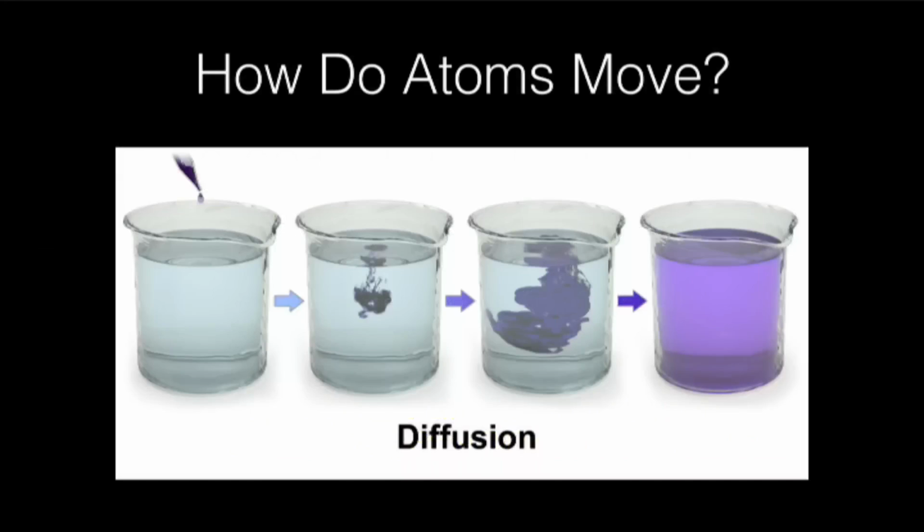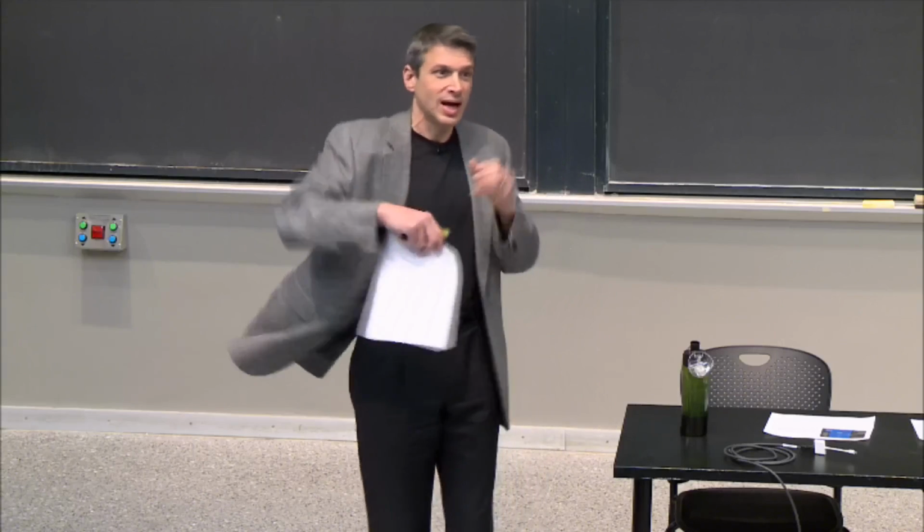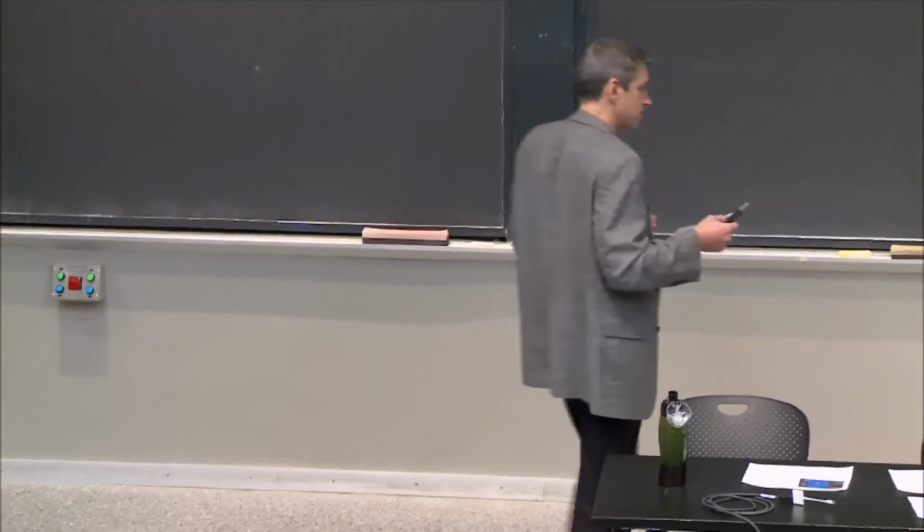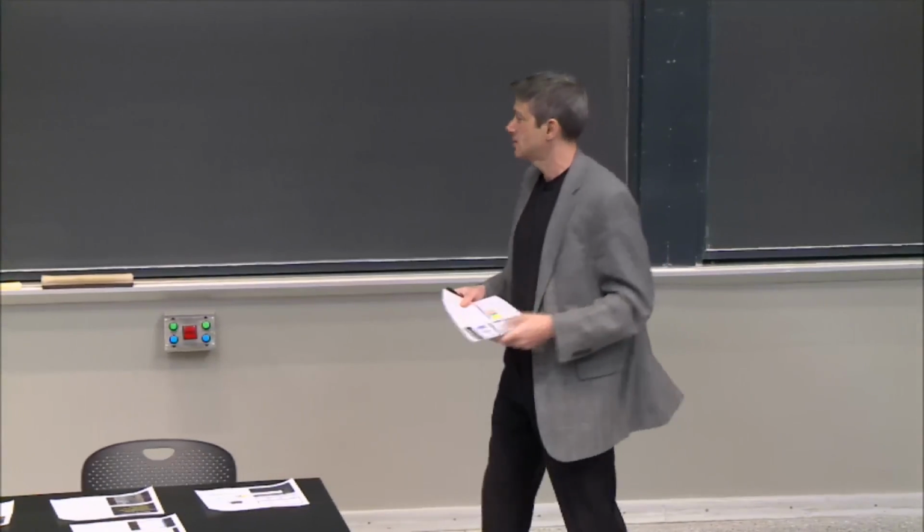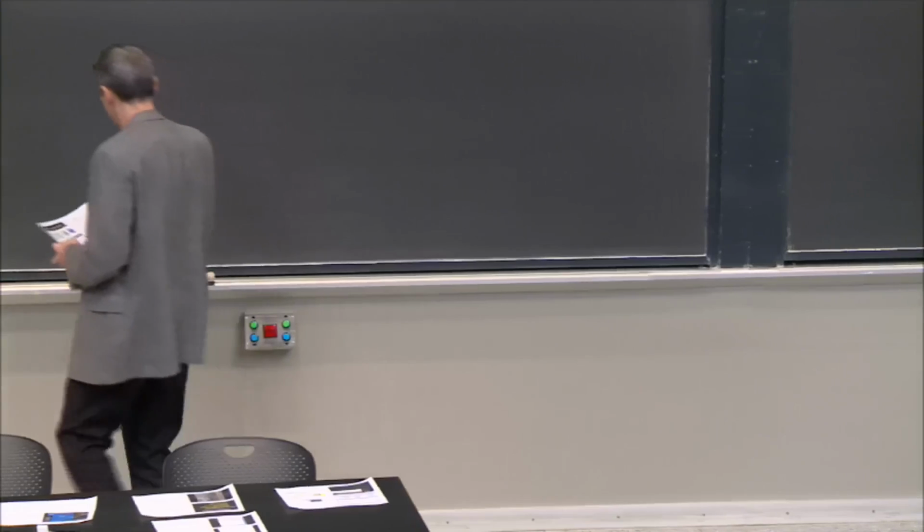So diffusion, this is a standard picture people show for diffusion, although really this is probably mostly convection, which is the movement, it's not diffusion. But diffusion has taken on this broader meaning. So what do we mean by diffusion?